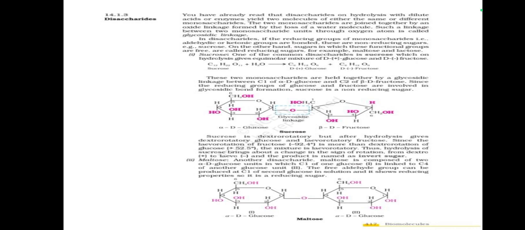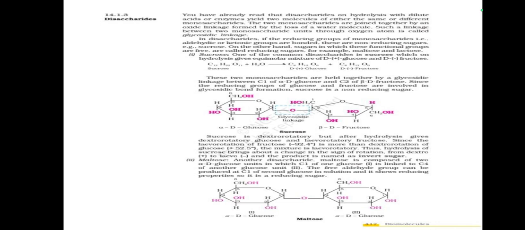Now these two monosaccharides are held together by a glycosidic linkage between C1 of alpha-D-glucose and C2 of beta-D-fructose. Since the reducing groups of glucose and fructose are involved in glycosidic bond formation, sucrose is a non-reducing sugar.